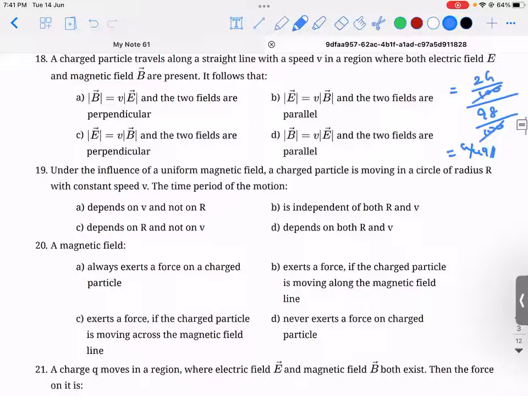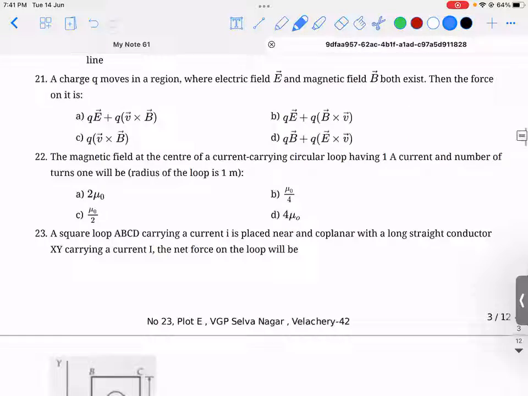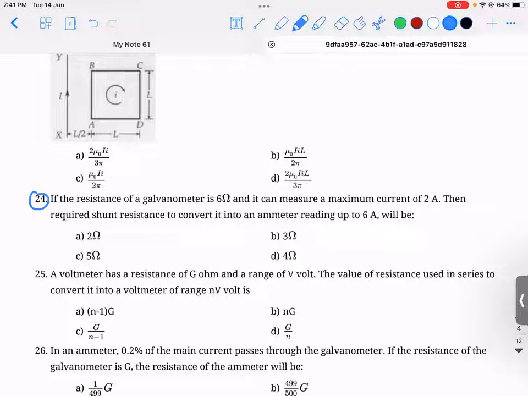Next. Solve the 24th one. So the resistance of the galvanometer is 6 ohm.